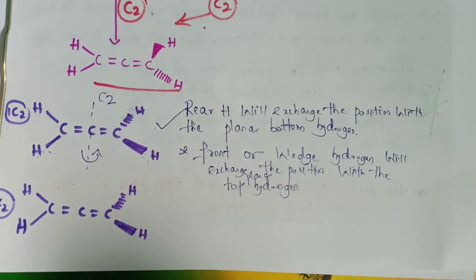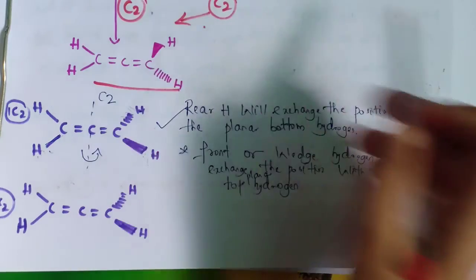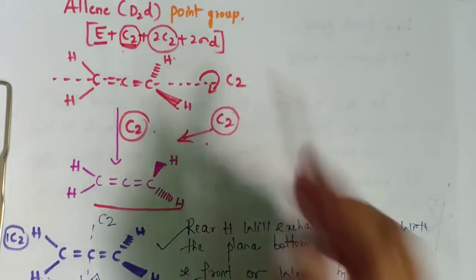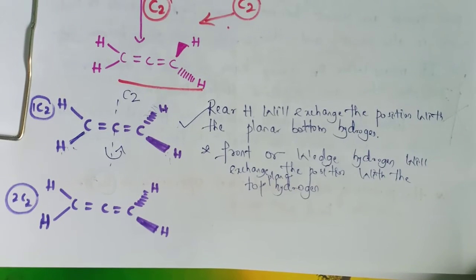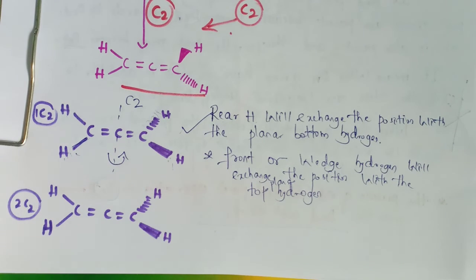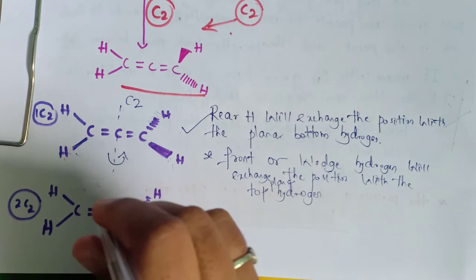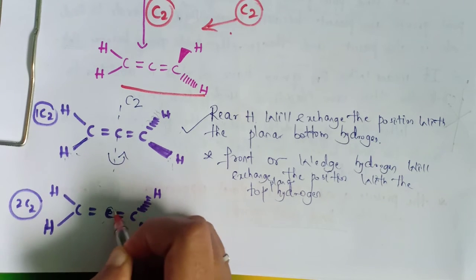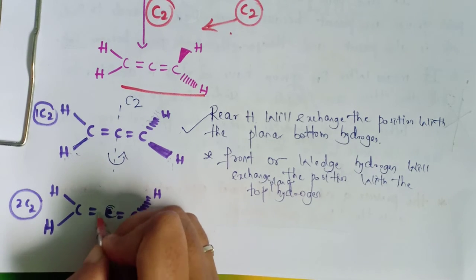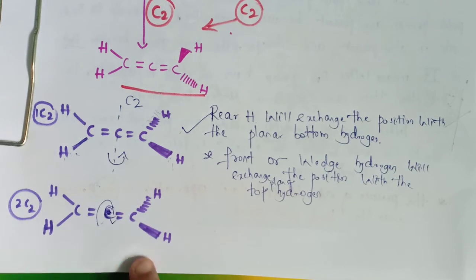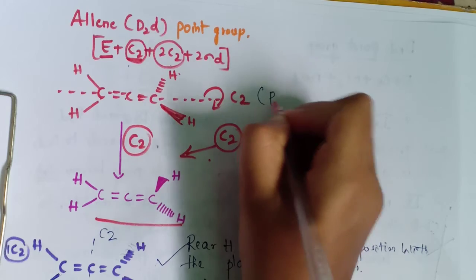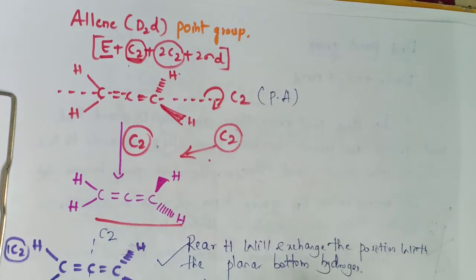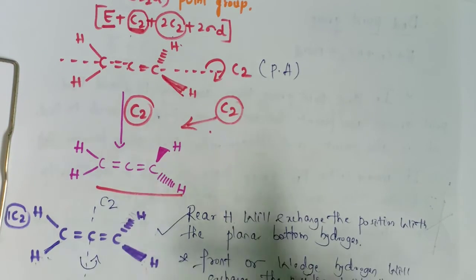A C2 axis of symmetry is present. Now we have seen 1C2 here. Now we have to see another C2. Consider this one again. Another C2 I am passing here like this through the center. If I rotate the molecule, why is this not considered a principal axis in this allene? The principal axis is the one which is passing through the maximum number of atoms.